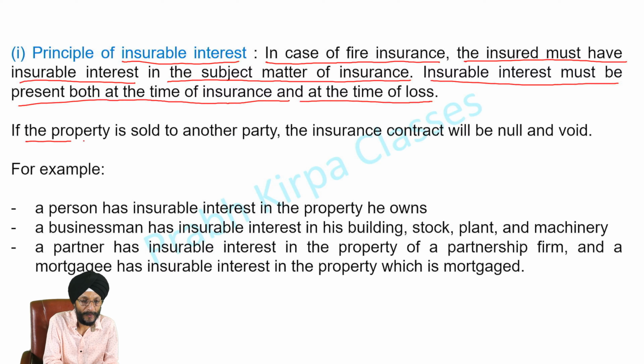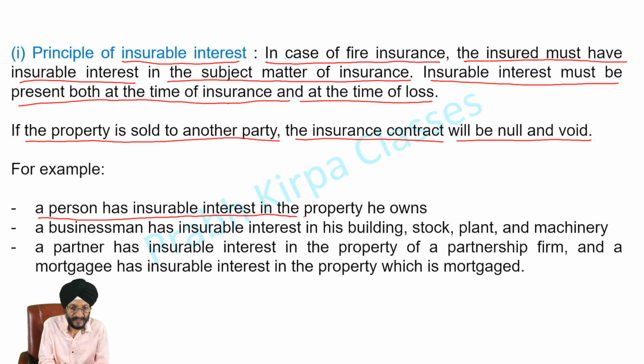If the property is sold to another party, the insurance contract will be null and void. Here we have given a few examples of insurable interest. First, a person has insurable interest in the property he owns.